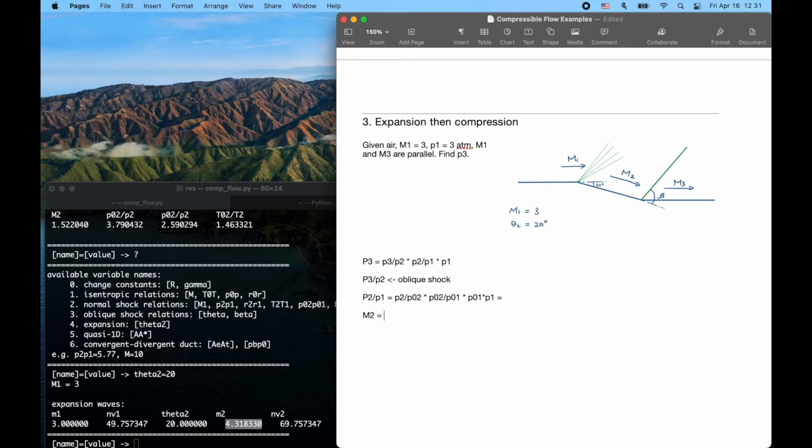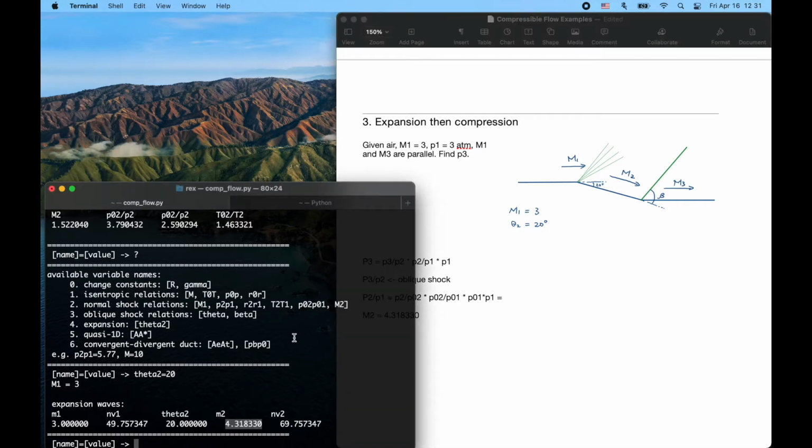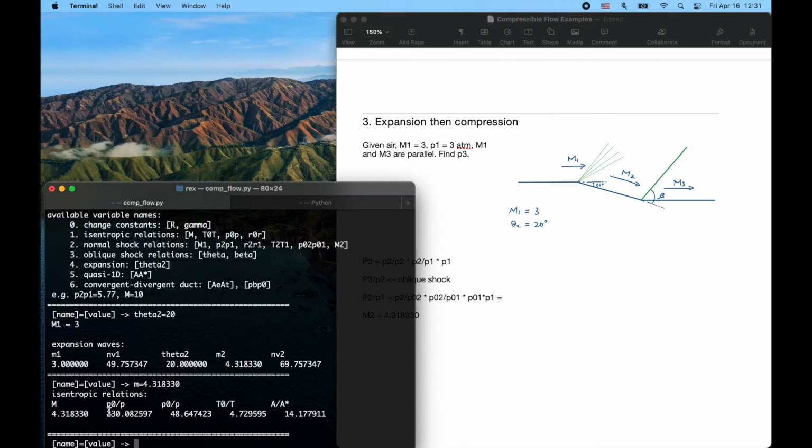So M2 equals that. And this gives us, from the isentropic relation, M equals that. This gives us this number.